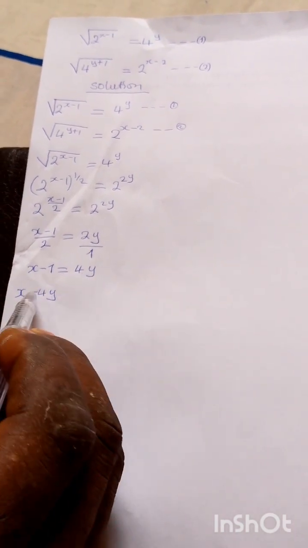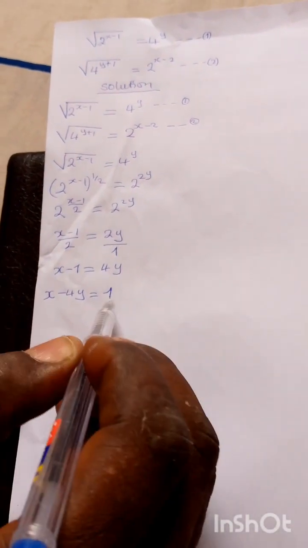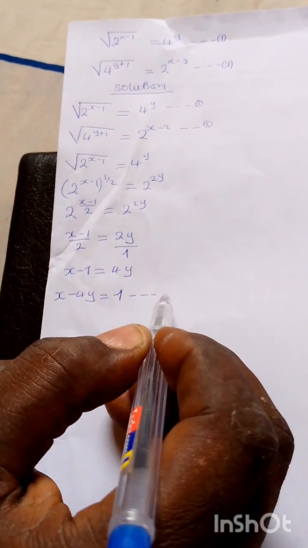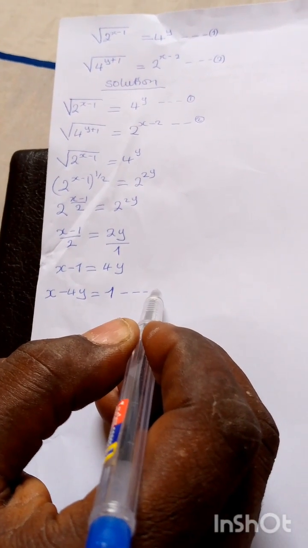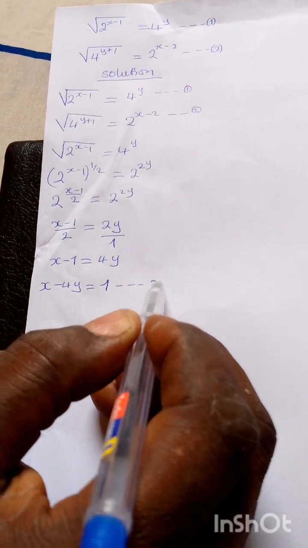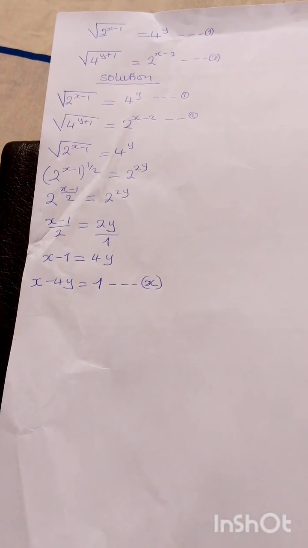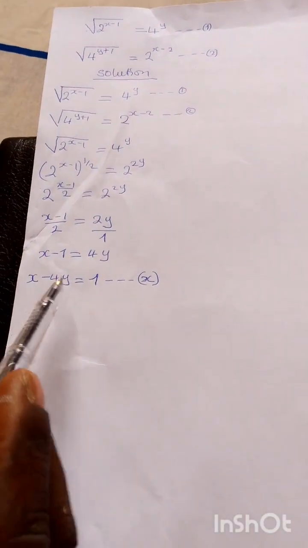When this one crosses, it carries a negative sign. When this one goes to that side, it becomes positive. So we can call this equation x. And then we are through with this first one. We have reduced this first equation to a linear equation.